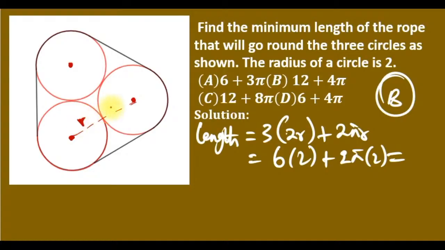If the radius is r, so from here to here will be 2r, as you can see. In the same way, here is 2r, joining this to that, r, and the same way r. So that's how I got this to be 2r. So the length here is always 2r, and we have 3 of them, so that's why I multiplied by 3.